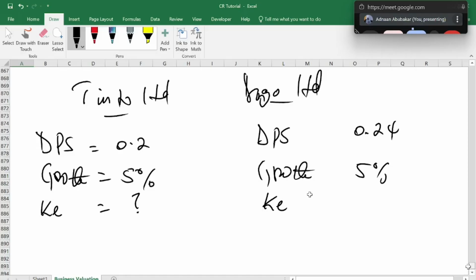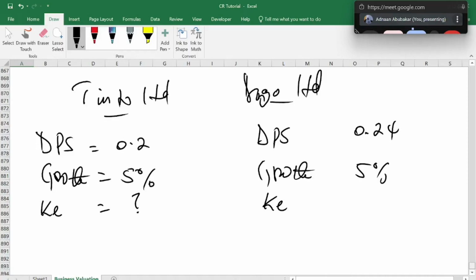KE for Tinto is 14.2. So there is nothing like that there for Dingo, right? Yes, sir. Good.